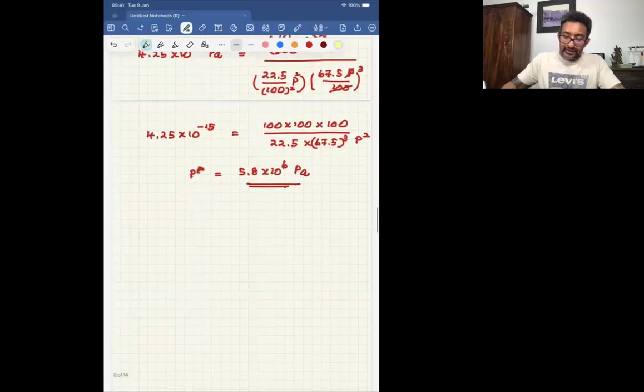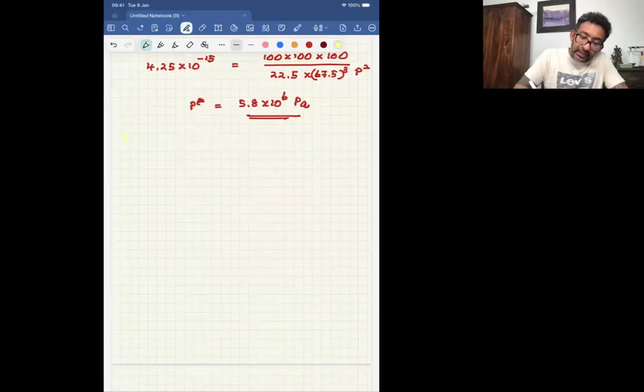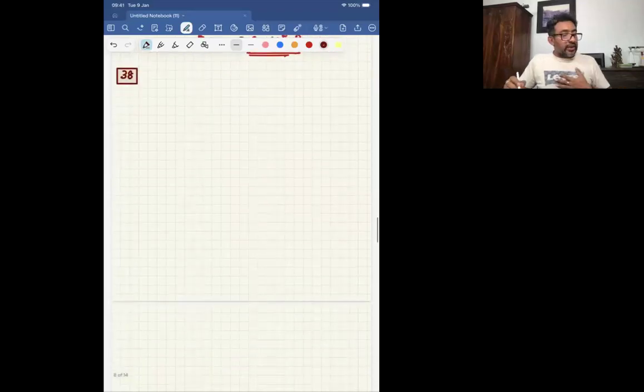Question number 38. Let's do that. Methane and steam are present in a flask at 700 Celsius. Remember steam methane reforming to generate hydrogen for the Haber process. In that, you get carbon monoxide.